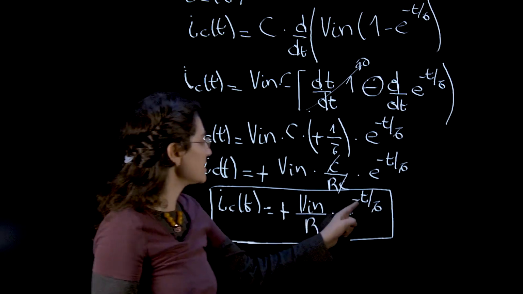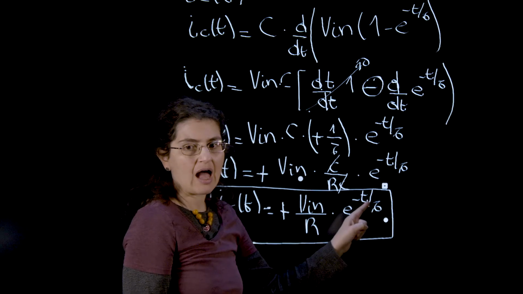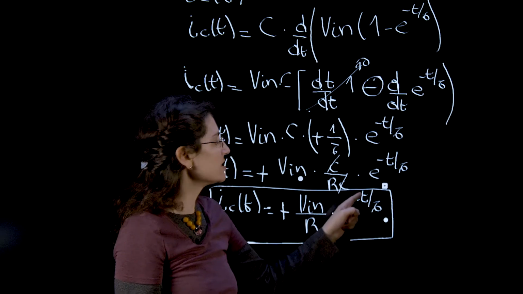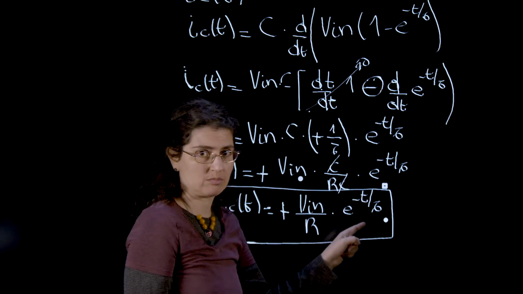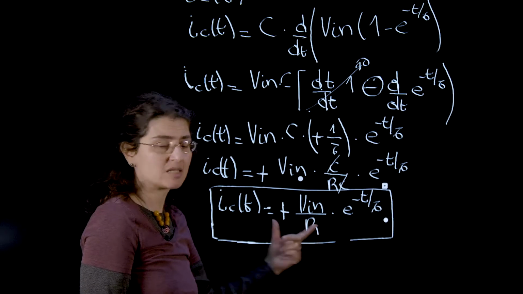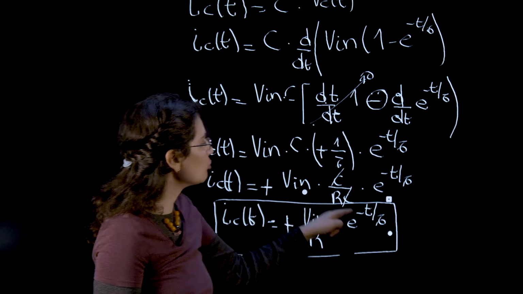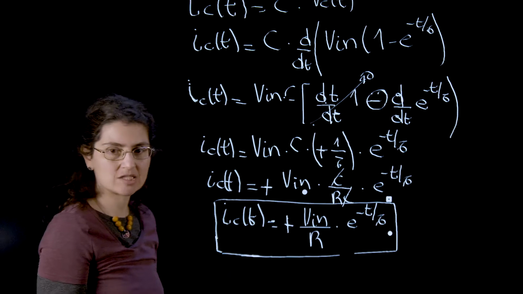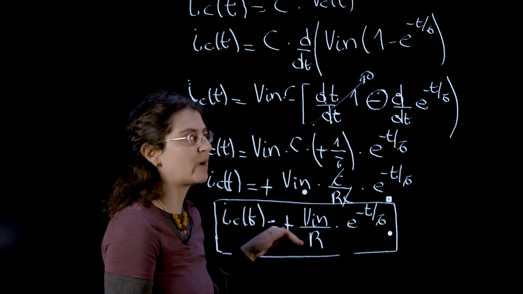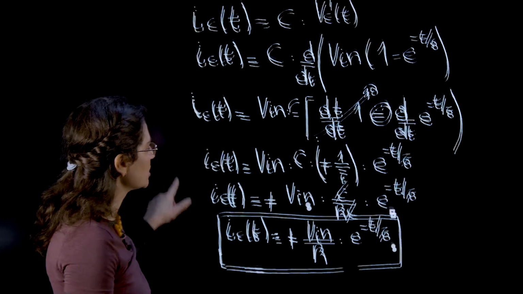For t equals 0, when I switch on the voltage source, I have e to the 0, which is 1. So for t equals 0, I have the maximum current. And then it will slow down as the capacitor charges over time. It will go back down and down until it reaches 0.